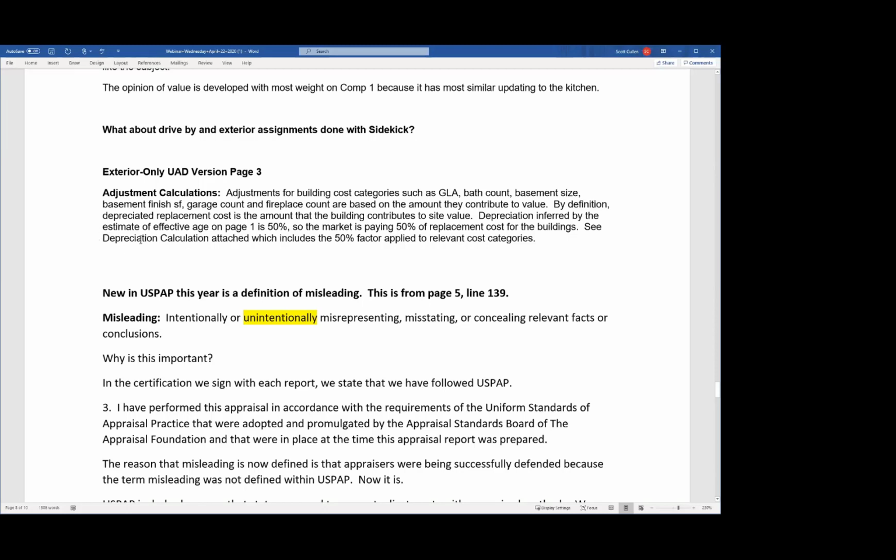See depreciation calculation attached, which includes the 50% factor applied to the relevant cost categories. So here we're basing our adjustments, not an opinion of value, but just the adjustments, on an estimate of effective age. Is it valid or credible to estimate effective age?